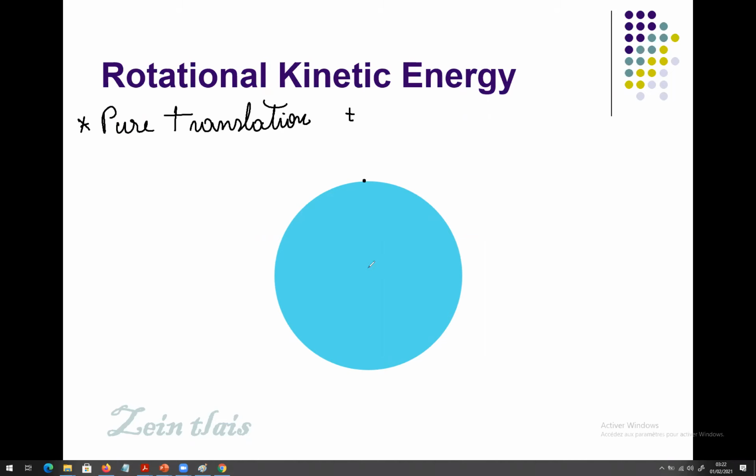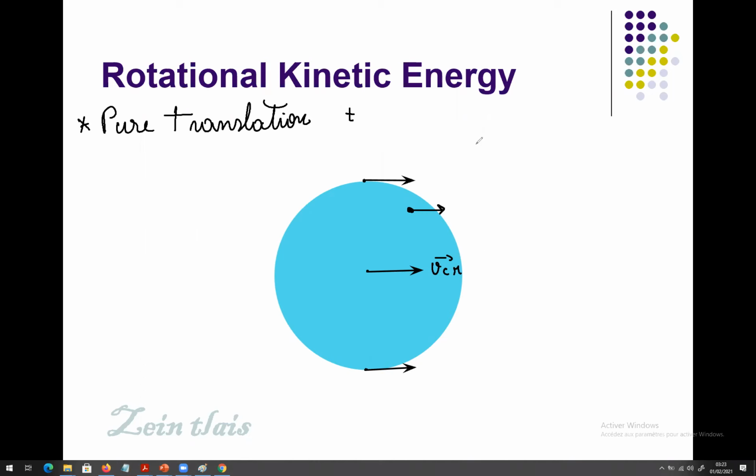Any point of the system is moving with the same velocity like VCM. Here we have V, here we have V, and here we have V. Let's take a small element here, for example. This element also has the same V. All they have the same velocity like VCM, okay?